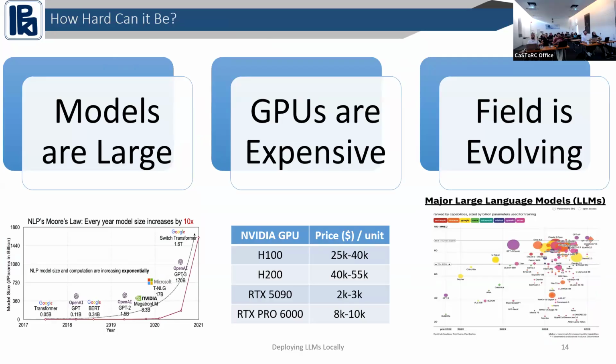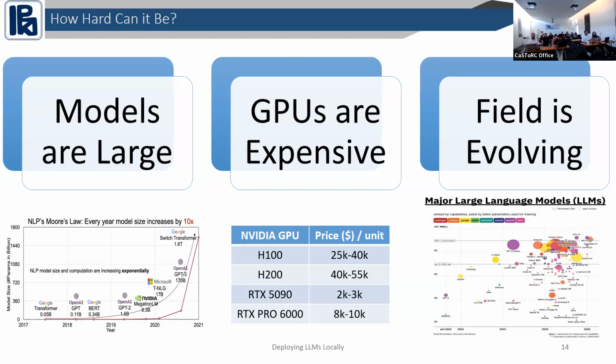Models are large, and the size of models is still increasing. On the other side, GPU prices are super expensive. If you want to buy one H200, be prepared to pay 30 to 35,000 euros just for one GPU. And the field is still evolving, and quite fast, right?